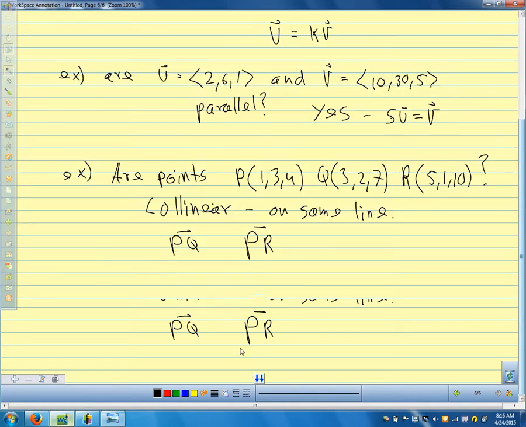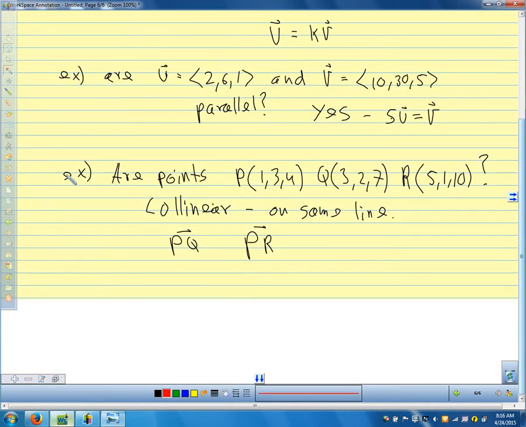So if those points are collinear, we should have something that looks like this: P, Q, R. Here's my vector from P to Q, and here's my vector from P to R. One vector should be some amount longer than the other.